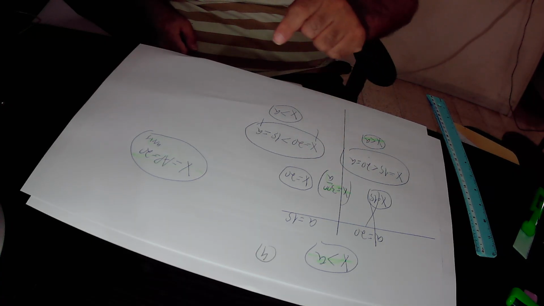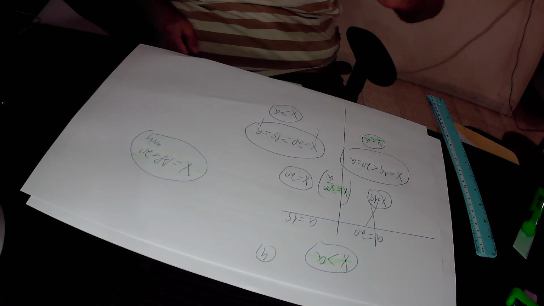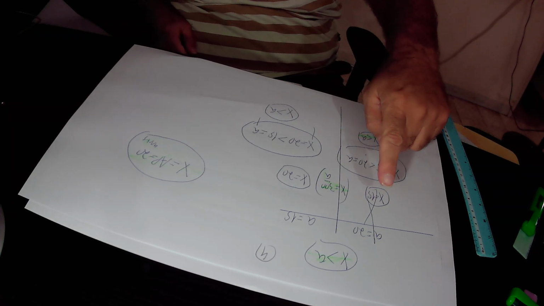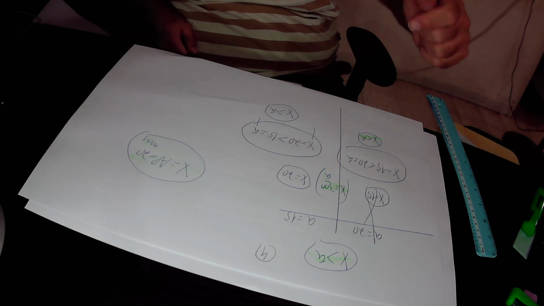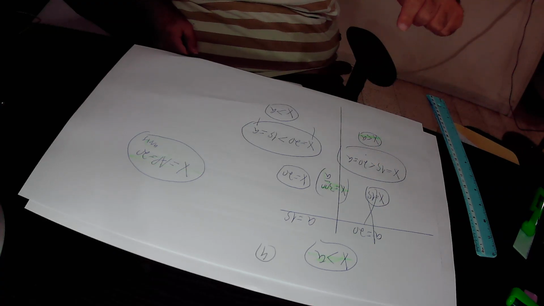Then X equals 20. So if A equals 15, then X must be equal to 20. Likewise, if A equals 20, then X equals 300 over 20, that is 15. So if A equals 20, then X must be equal to 15.